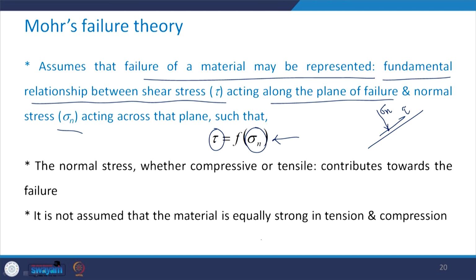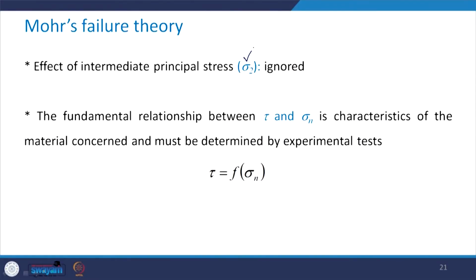So, the only thing which was there is that the shear stress is a function of the normal stress on the plane of failure. In this theory, the effect of intermediate principal stress, which is sigma 2, is ignored. As per this theory, it was suggested that the fundamental relationship between tau and sigma n is the characteristic of the material concerned, and it must be determined by experimental tests.